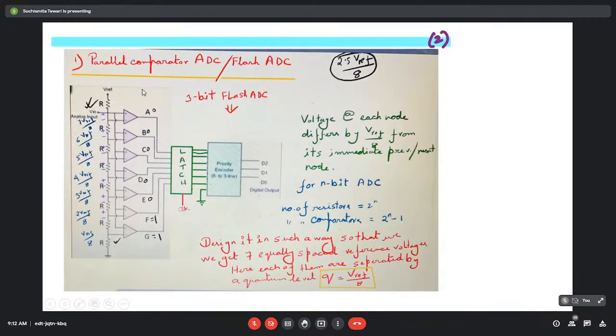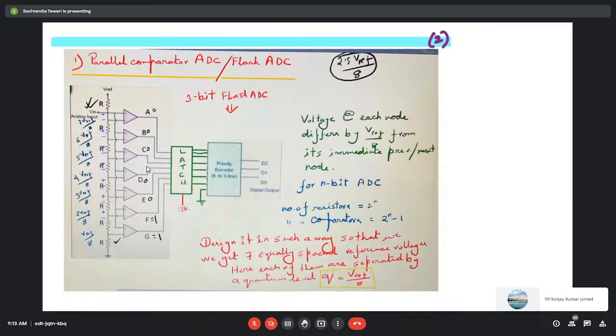Now here you can see that these 7 op-amp like structures are basically the comparators. What are comparators? Comparators are nothing but op-amps connected in open loop configuration. So there is no feedback from output to input, as in the case of an ordinary op-amp.